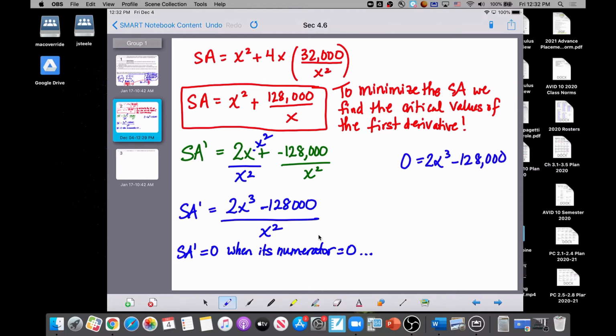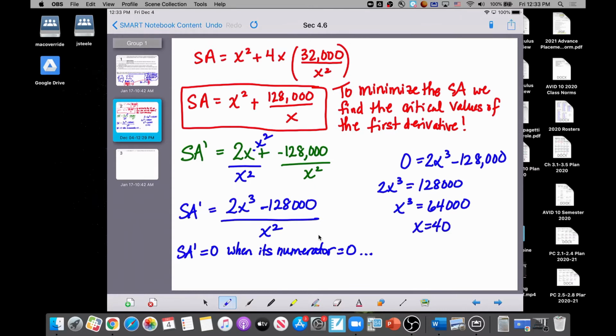Let's solve for x. If I add 128,000 to the other side, I get 2x cubed equals 128,000. Divide both sides by 2, and we get x cubed equals 64,000. Then take the cube root of both sides, and we get x equals 40.